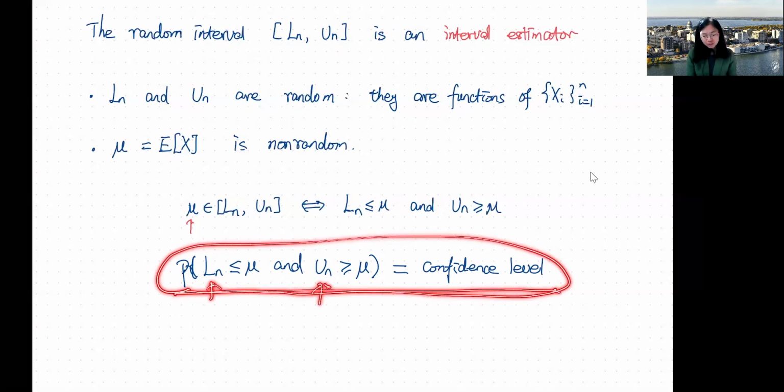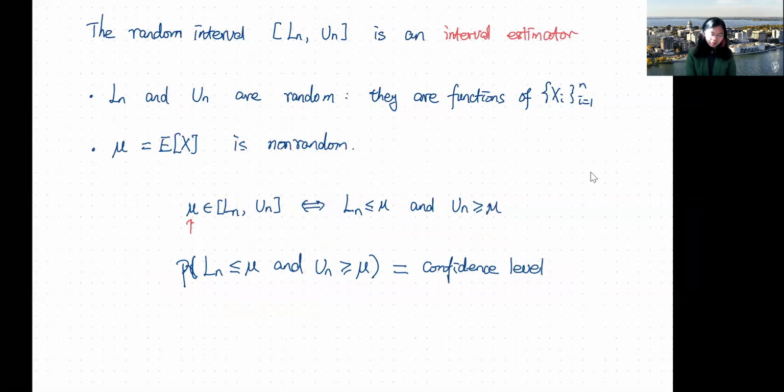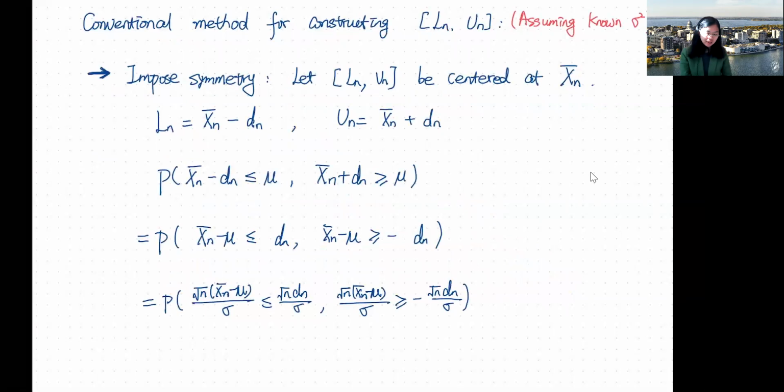A simple way to see that is that this is one equation, and we are trying to figure out two quantities. Clearly, the answer is not going to be unique. There will be multiple answers. However, conventionally, we assume symmetry.